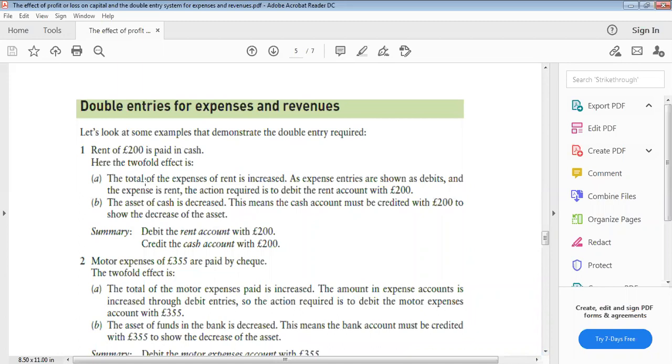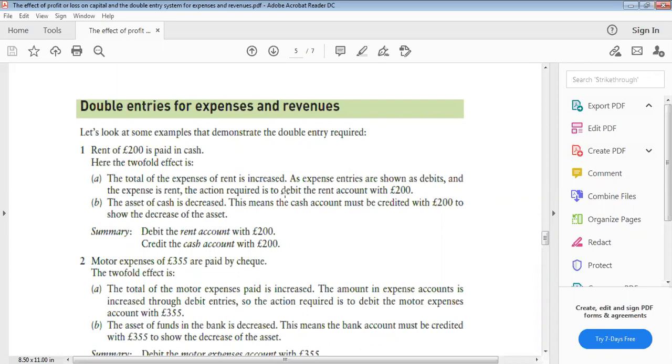Here, the twofold effect is that the total of the expenses of rent is increased. As expense entries are shown as debits, the action required is to debit the rent account with $200.